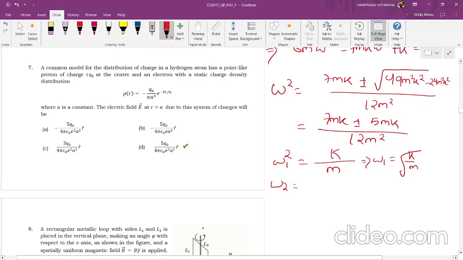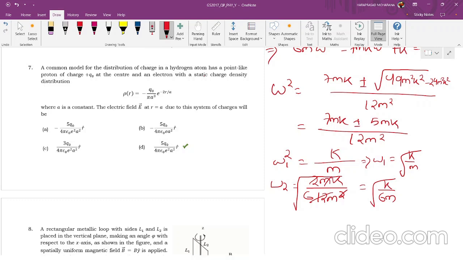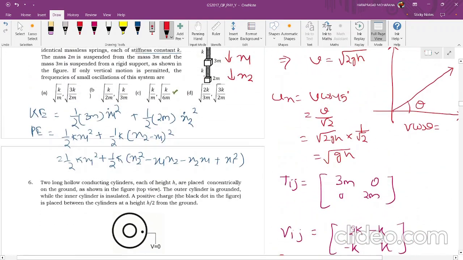If you choose the negative sign, you'll get 7 minus 5, so 2mk divided by 12m square, which gives 6. So you'll get omega 2 as root of k by 6m. We got two answers: one is root of k by m and another is root of k by 6m. So option C is the right answer.